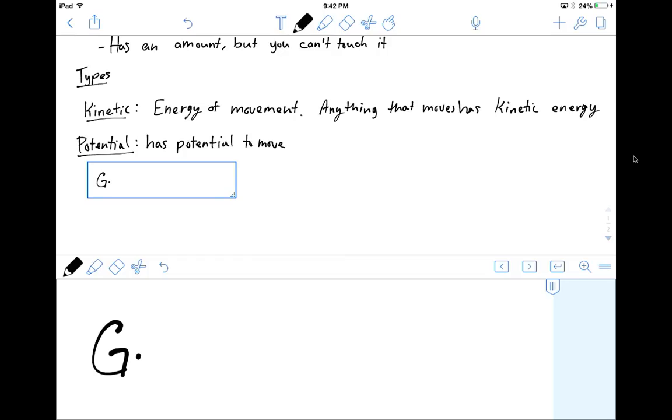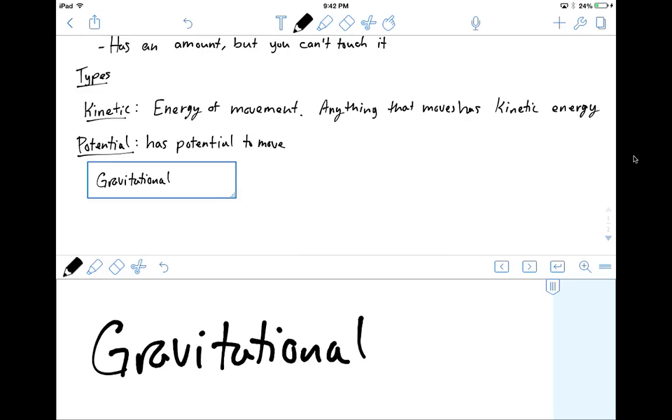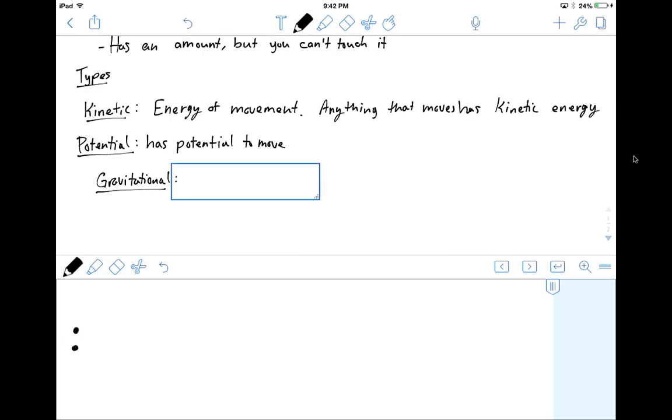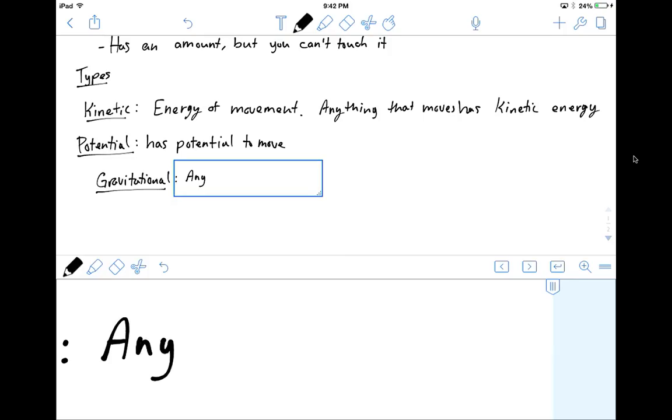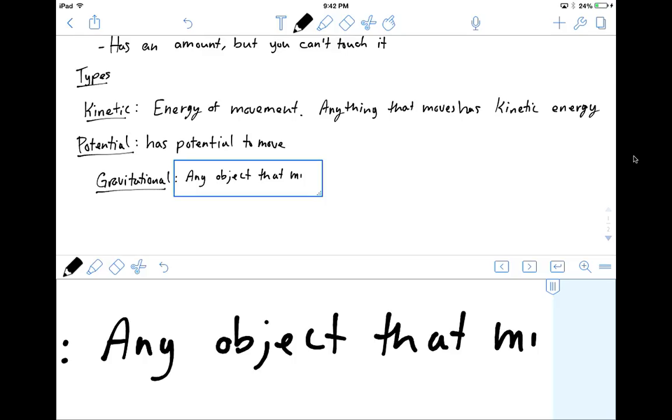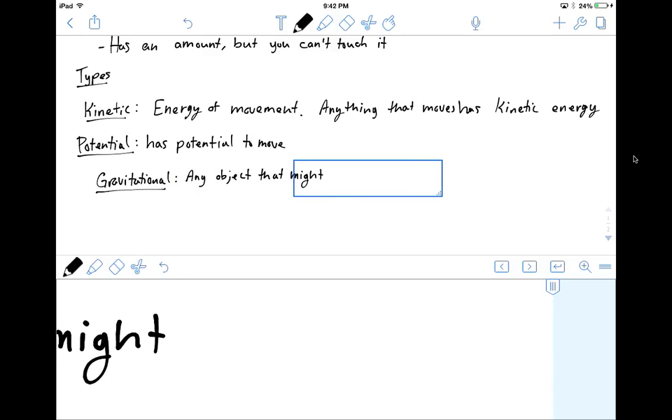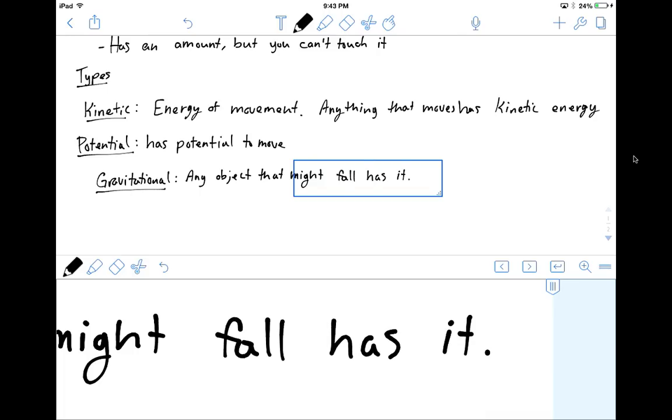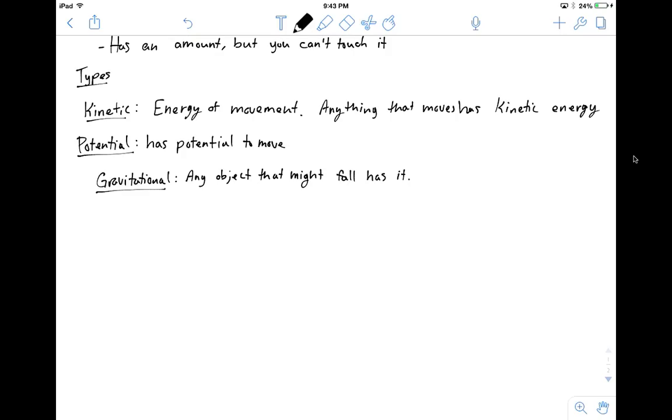There's gravitational potential energy, and you can probably guess what that means. Any object that might fall has gravitational potential energy. If I hold a ball up over my head, it's got gravitational potential energy because if I let it go, it's going to move.